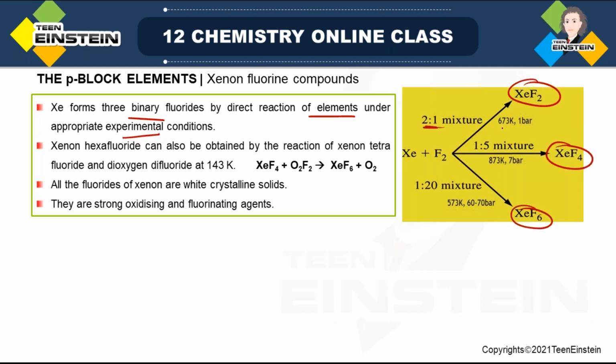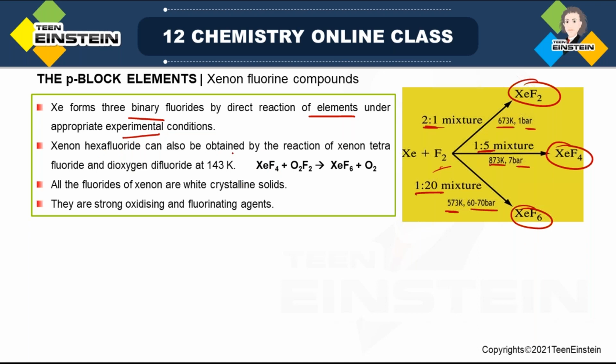This is a 2:1 mixture, 673 Kelvin, 1 bar. Then a 1:5 mixture, where the ratio, temperature and pressure have changed. And when it is 1:20, the amount of fluorine is very high, the temperature is lower than the first two, but the pressure is very high. Now you are getting xenon hexafluoride.